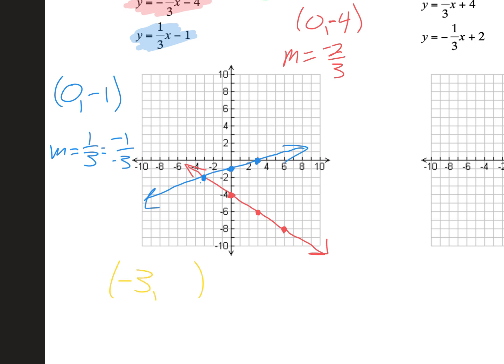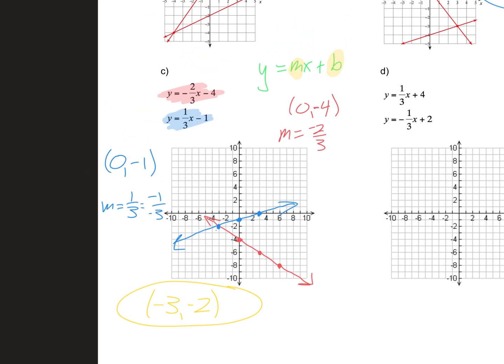And now my y value, I'll do the same thing, except I'm going to trace this point back to the y-axis, and it looks like our y value is -2. And that would be our solution for these 2 graphs.